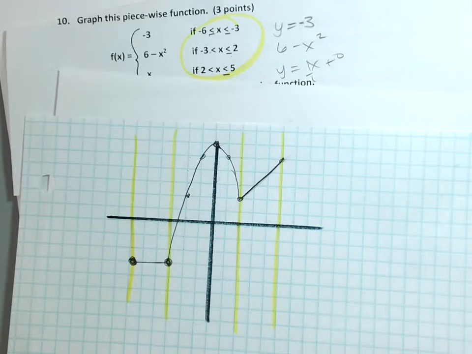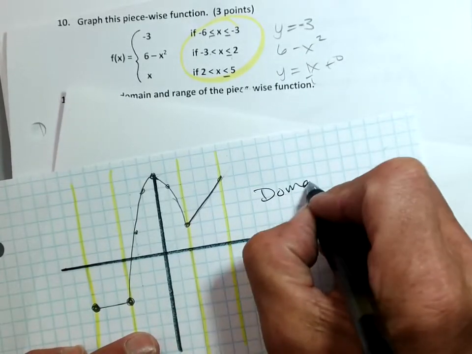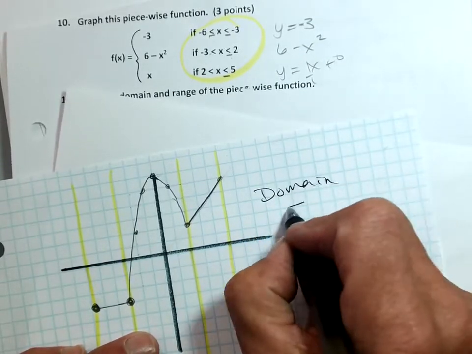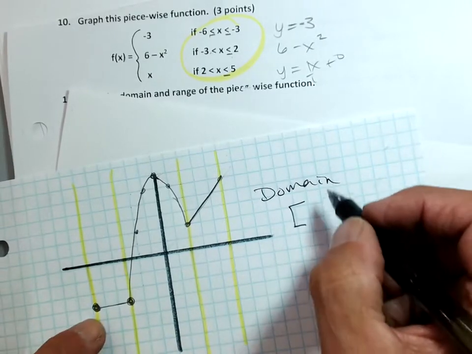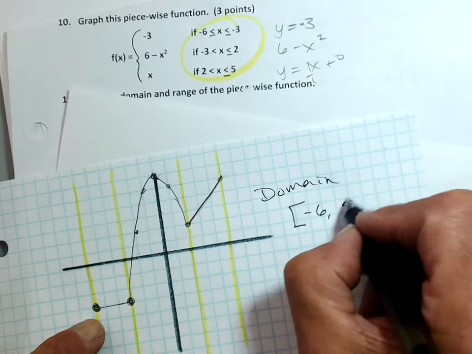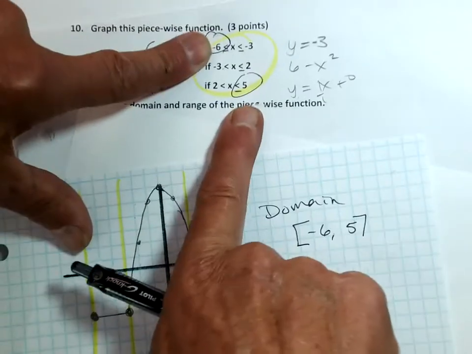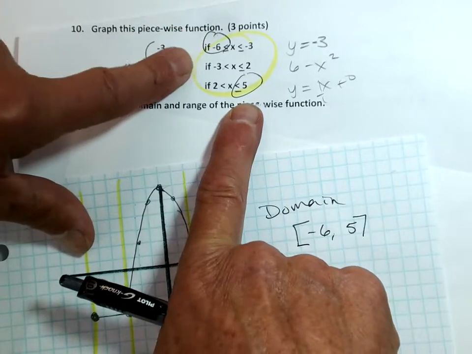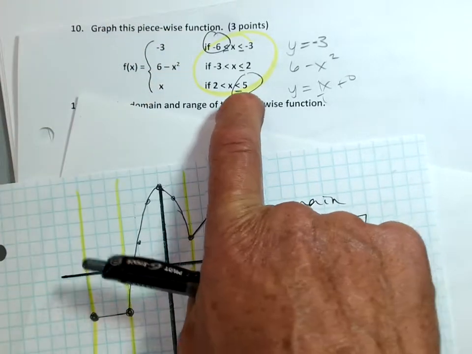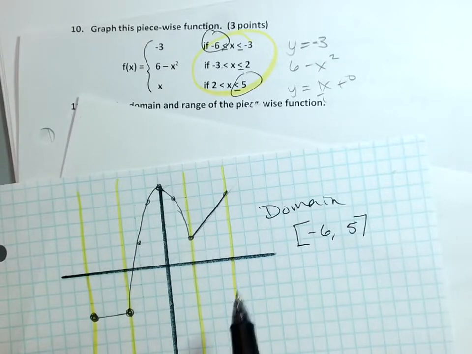Domain. Don't mess with my domain, right? And I'm going to use interval notation because I like it better. -6, comma, 5. And again, your domain is always going to be there anyway. Does that make sense why your domain's just there? Because that's the beginning of the x's and that's the end of the x's, right? Isn't your first an open circle?